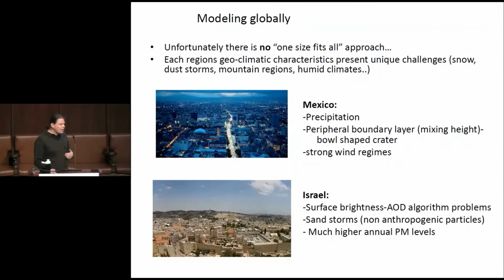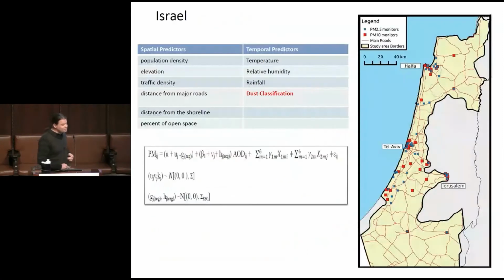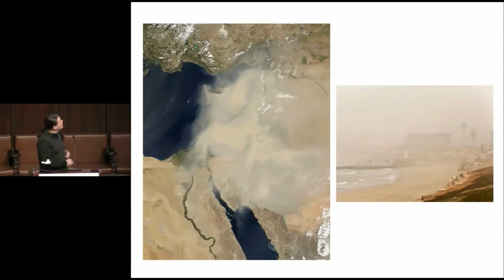And in general, we have much higher annual PM levels. So this is the Israeli model. You can see the distribution of the PM stations, and you can see that we had to develop different methodologies to account for these different geographic characteristics. This is a day of typical sandstorm over the area.